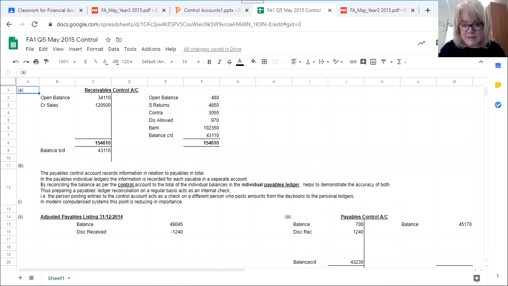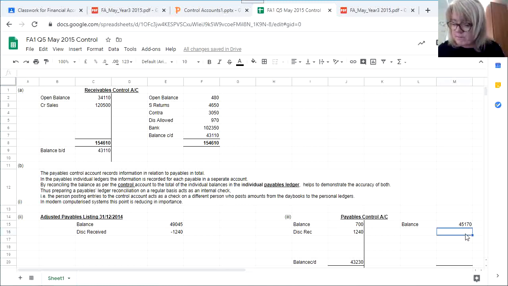And the next item is 3,750 of cash paid to a supplier was correctly treated in the payables personal ledger, but recorded as 7,350 in the control account. So the error there is in the control account, and it basically means that the error is for 3,600.